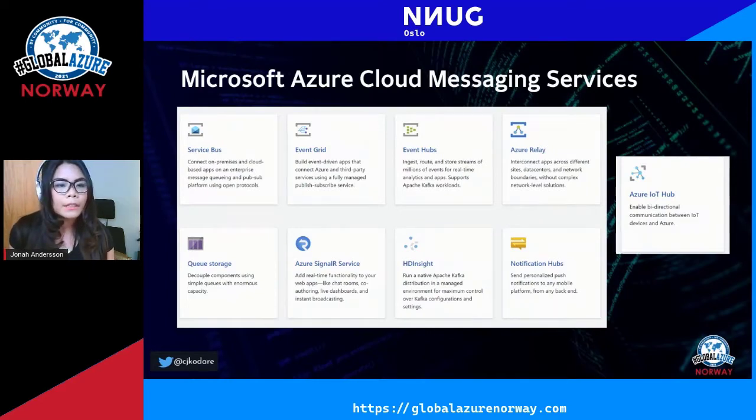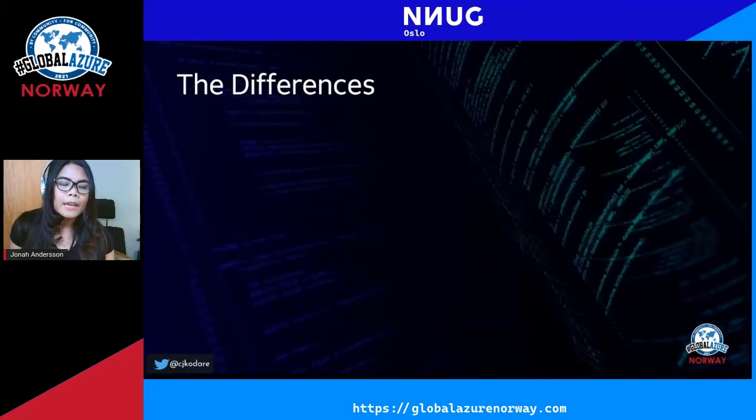As of today, these are the cloud messaging services available for Microsoft Azure users: Service Bus, Event Grid, Event Hubs, Azure Relay, Queue Storage, Azure SignalR, HDInsight, Notification Hubs, and also Azure IoT Hub. But today we will be focusing on the fundamentals and some technical basics of Service Bus.